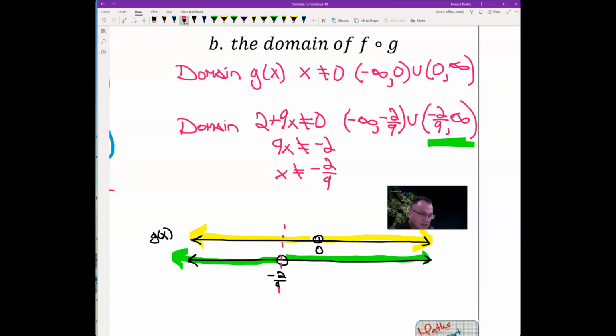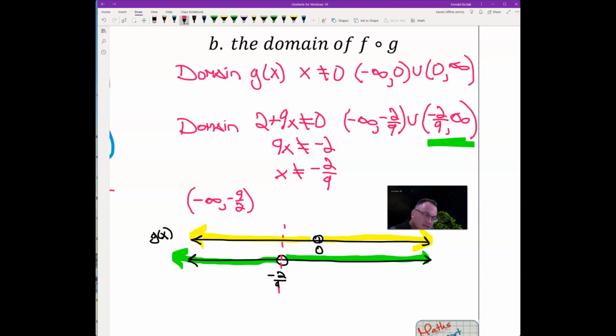Okay, it's yellow, but it's not green, and it has to be both. So the first interval of my composite is going to be from negative infinity up to, but not including, negative 9 over 2. Negative 9 over 2 does not work in the composite. It works in the inner function, but it doesn't work in the composite.